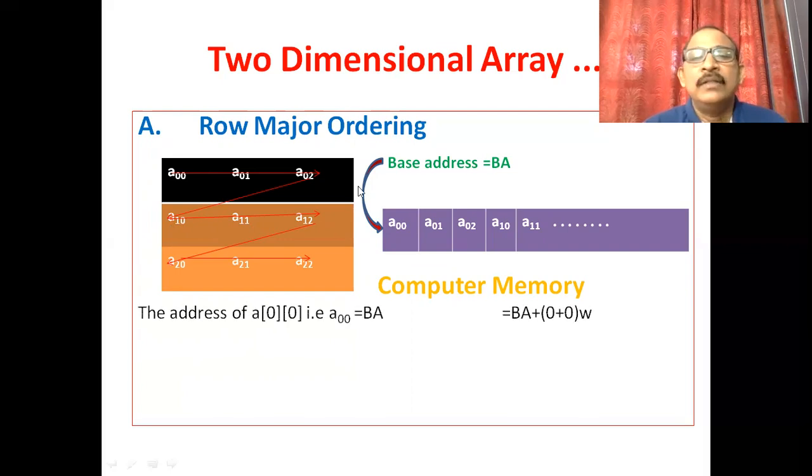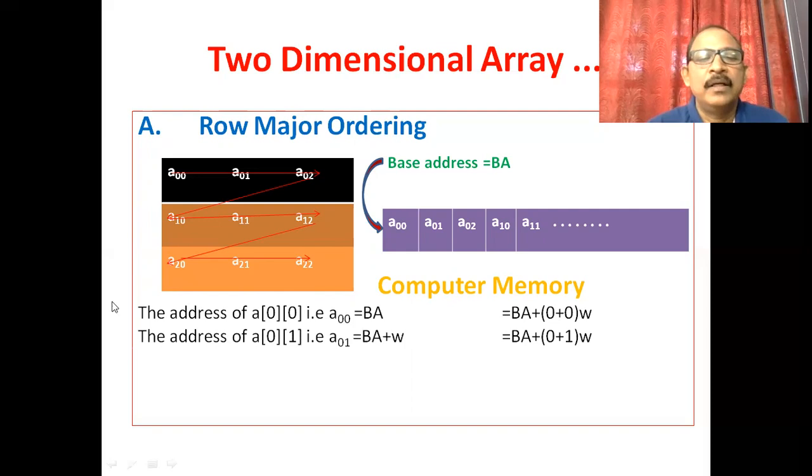Now the address of the first element A00 has base address BA. So the address of the A00 element is BA plus 0 into W.